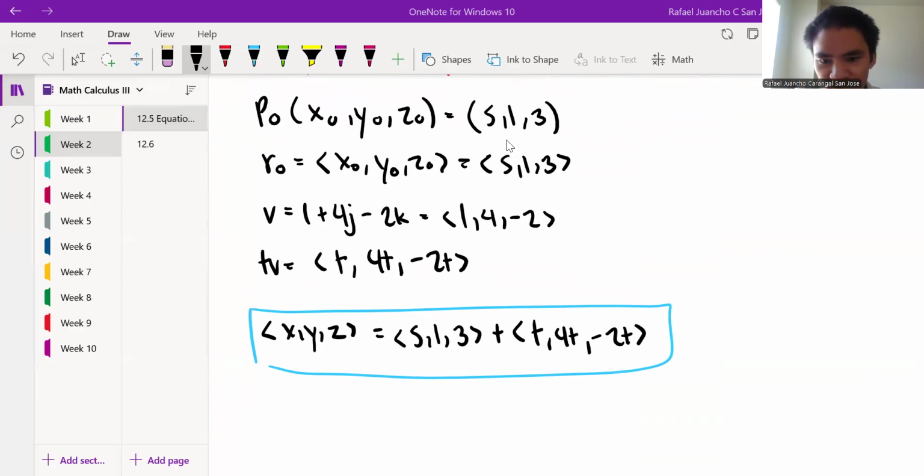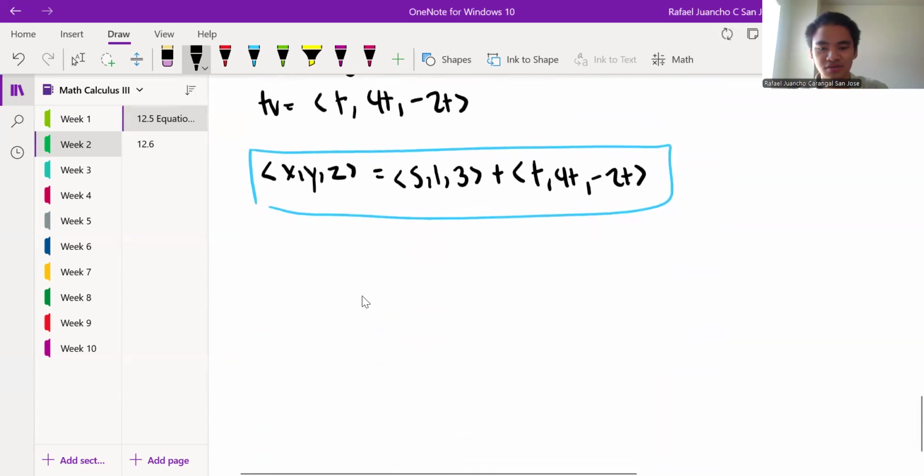Okay, so you wrote it a different way using ijk form, which is totally fine, right? Let's try writing it the textbook way. So what they did was they converted R naught into ijk, and then they just switched the values around, and then they got parametric equations out of it.